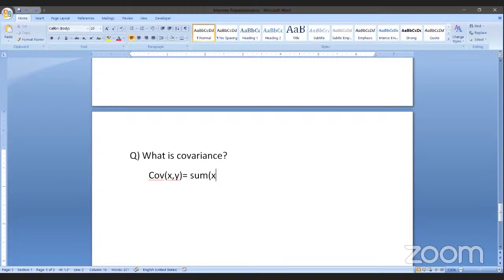Sum of xi, the x variable, ith value, minus the sample mean x bar, multiplied by yi minus y bar.